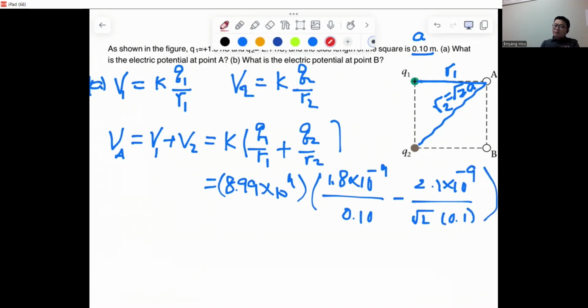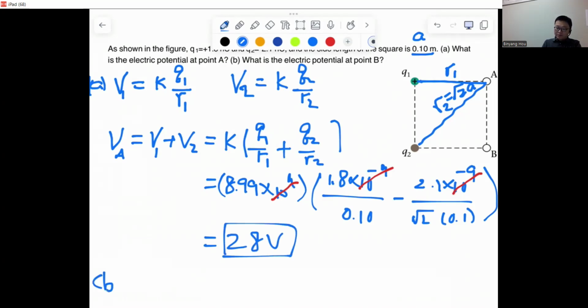You can punch your numbers in your calculator, but here the 10 to the ninth will cancel these two 10 to the minus 9, so fewer things to punch in. So this will give you about 28 volts. This will be part A.